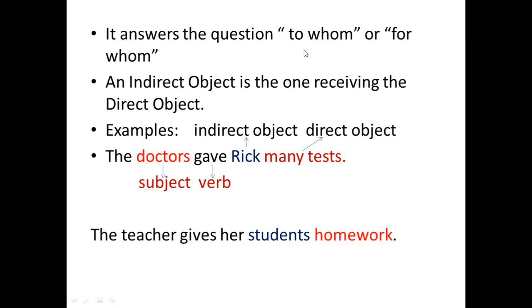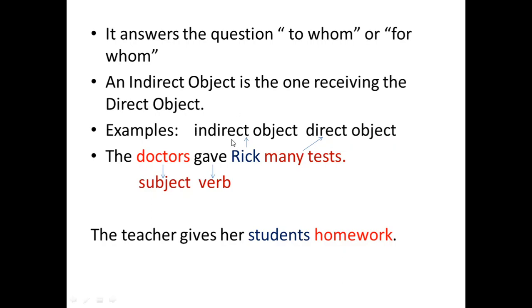You can say, for whom the doctors gave many tests, or to whom the doctors gave many tests. The doctors gave Rick many tests. So Rick is the one who is receiving the tests. Okay?